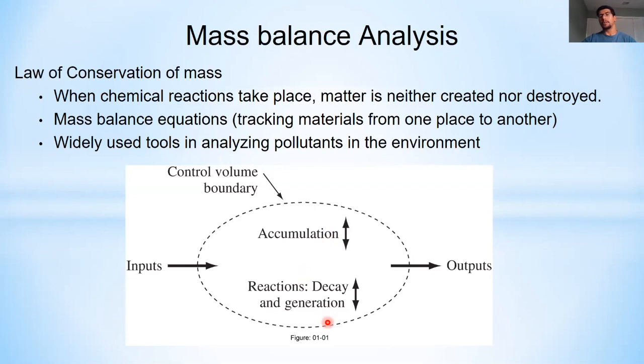We might be losing some money through interest and other things. Interest refers to generation. Decay can refer to some other things, some extra spendings you have. So overall, most of the systems have some inputs, some outputs, and inside the system there can be some reaction, such as decay or generation.